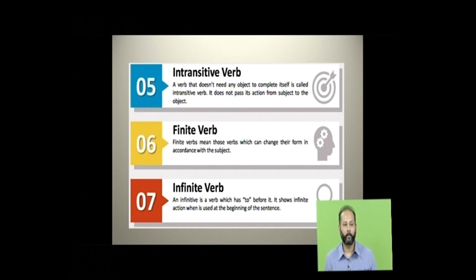Say for example, she plays music to satisfy her emotions. To satisfy her emotions. So where we add to before the verb, it becomes infinitive verb. I hope you understand this concept now.